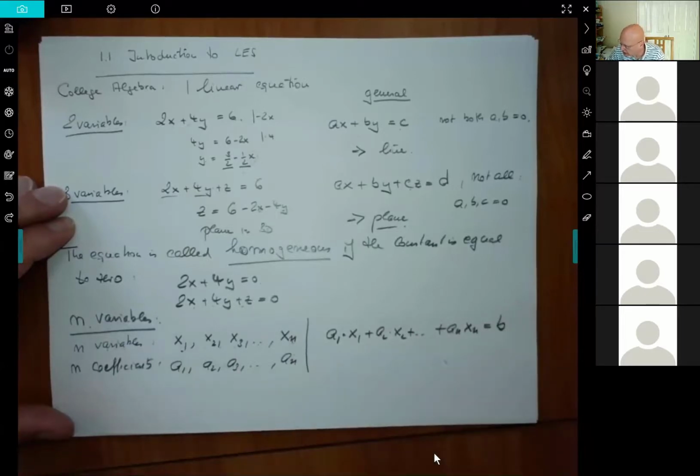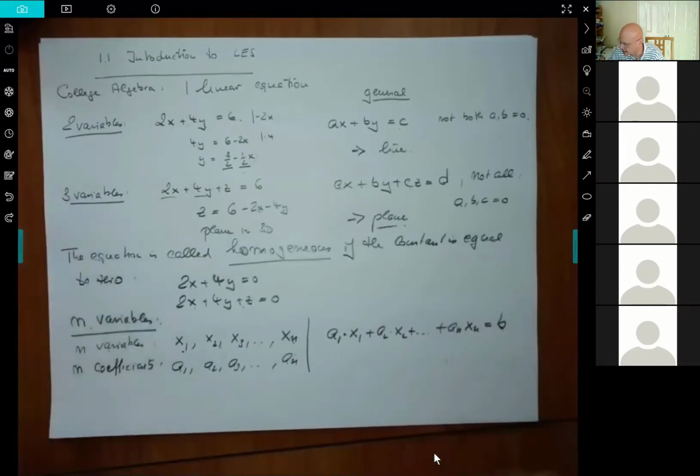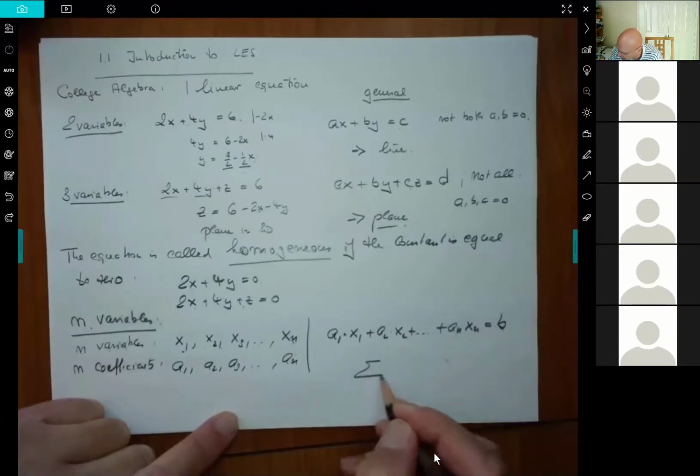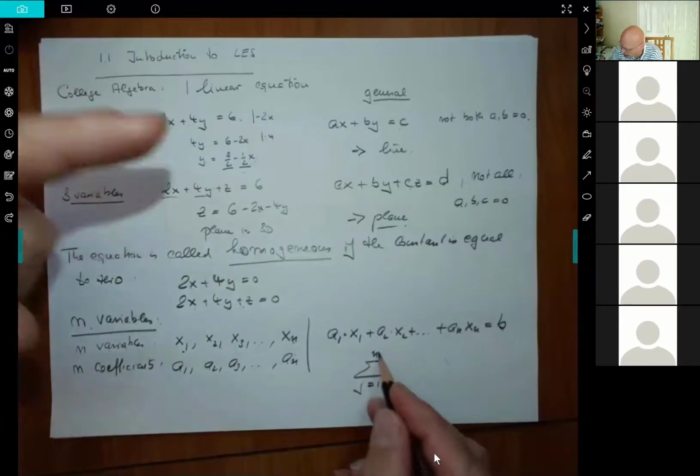So that would be how we can write down an equation with n variables and n coefficients. To avoid all the pluses and the dots here, in mathematics we can also use the sum symbol. So another way of writing this is the sum, j goes from 1 to n. j is now a variable which counts from 1 to n.